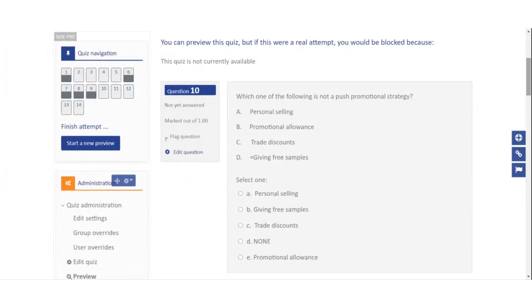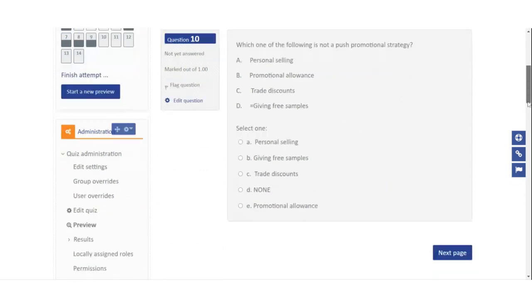Which one of the following is not a push promotional strategy?